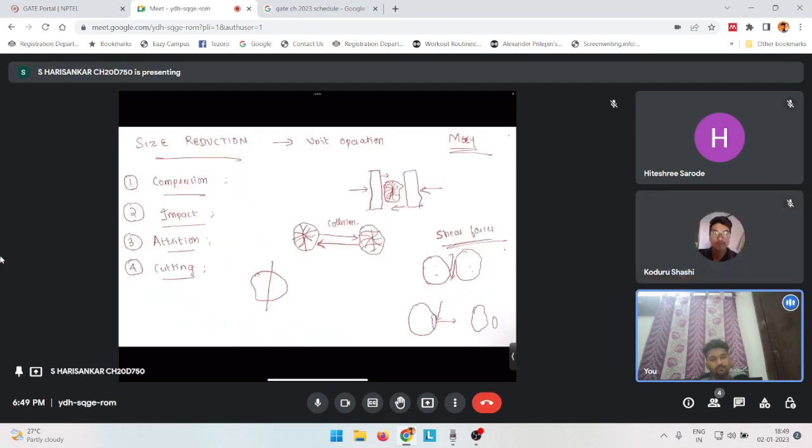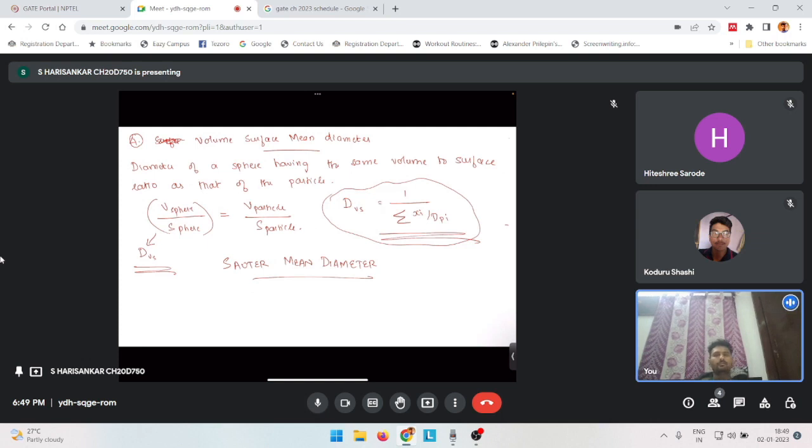So Sauter mean diameter is basically, let's say you have a sphere like this, and the volume to surface ratio of this sphere you can write as V sphere by S sphere. And you have a particle which has the same volume to surface ratio as that of this sphere.